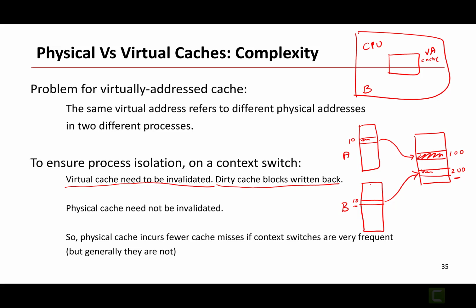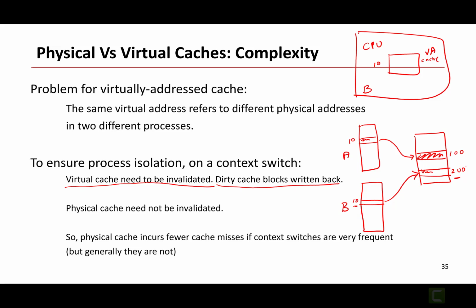And B can go and use it for 10, and it will check that, oh, the virtual cache does not have address 10, which is great, which is what we want. And then it can start using the cache and bring the data from physical address 200 into the cache.